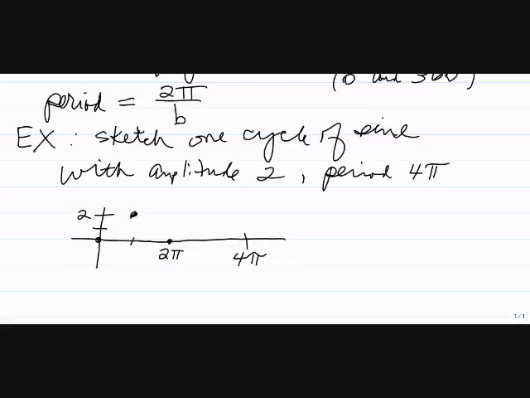Then at the halfway point, I'm back on the horizontal axis. No, it's the total divided by 2. So this total distance is going to be 4, and I divide that by 2 and get 2.